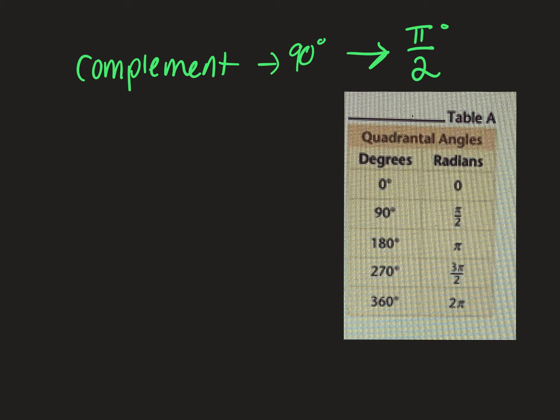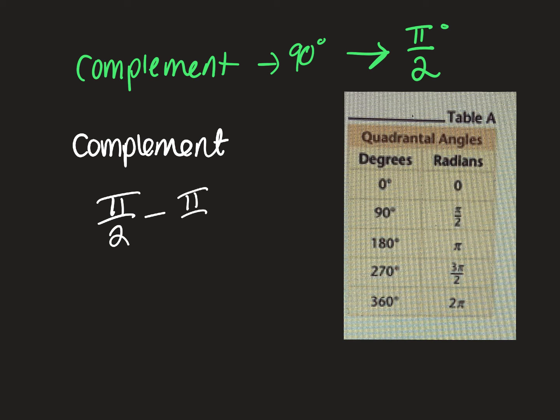Let's say it told us to find the complement and supplement of pi over 4. That's example 5 on page 38. For the complement, you're going to do pi over 2 minus pi over 4. Again, plug it in your calculator.